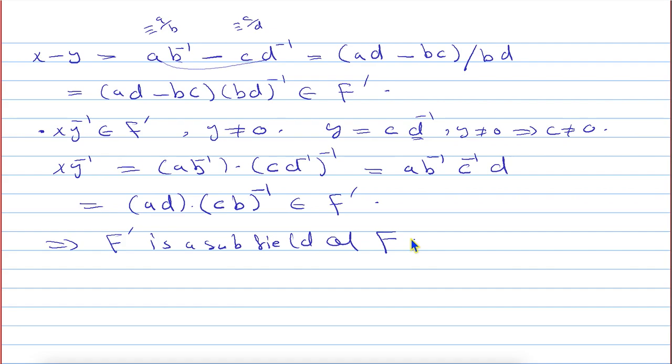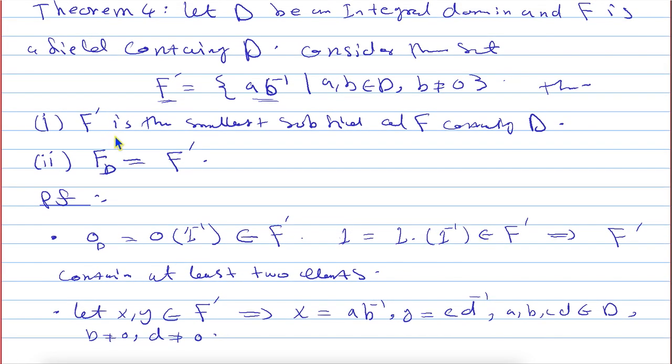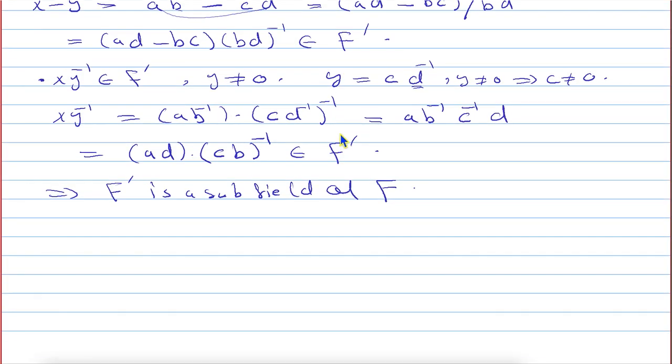Now we have to show that F prime is the smallest subfield of F containing D. We have only proved that it is a subfield. So let's first verify that it contains D. Take any element A in D. Then we can write A as A times 1, which can also be written as A times 1 inverse.